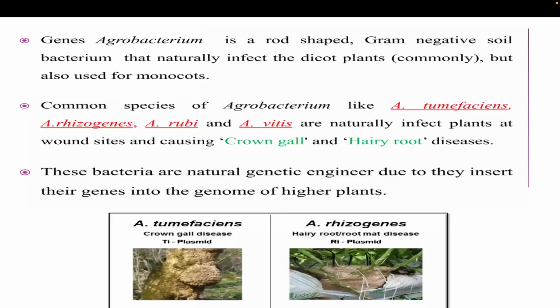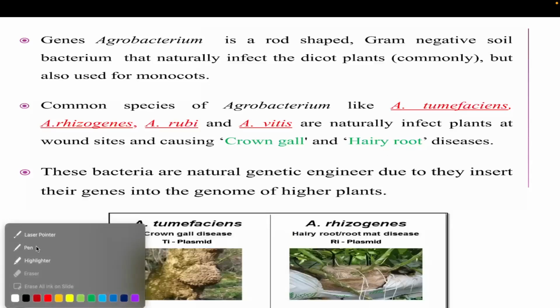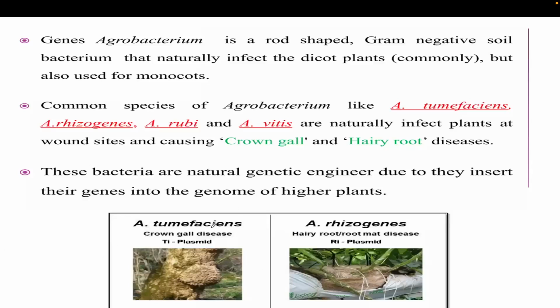So these are the two most common strains of Agrobacterium species. Agrobacterium tumefaciens is responsible for crown gall disease, and Agrobacterium rhizogenes is responsible for hairy root or root mat disease.